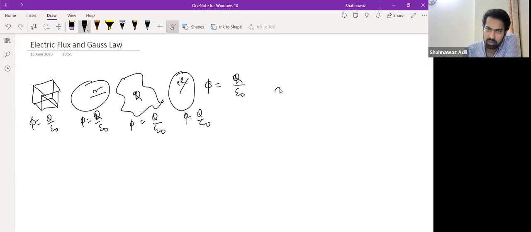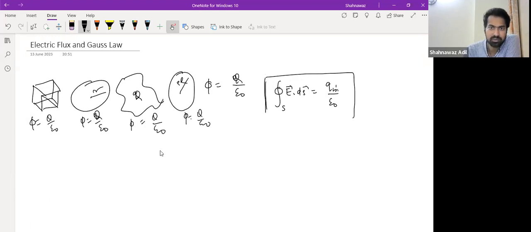So from Gauss law, the closed surface integral of E dot dS is how much? This is Q enclosed by epsilon naught. Is that correct, Tariq and Faisal? Yes, sir.